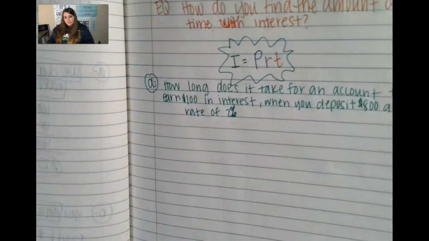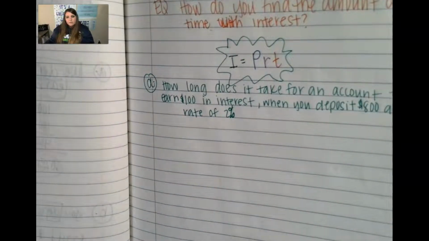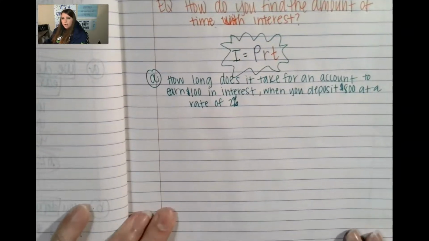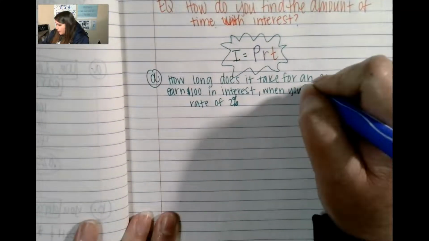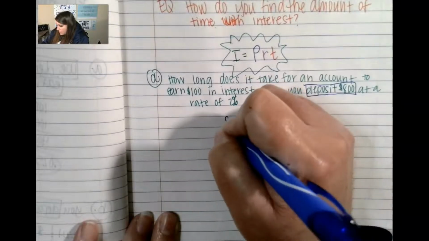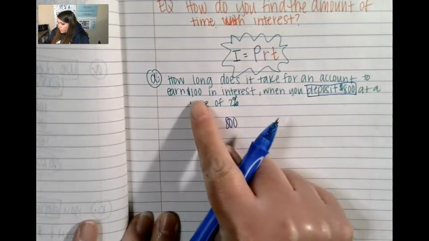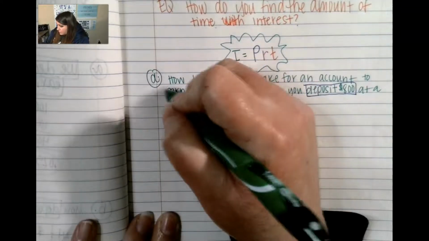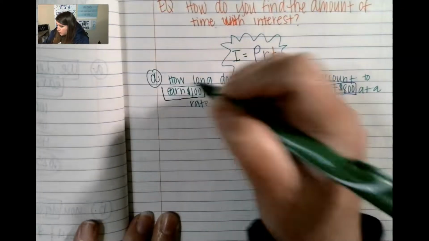All right, so let's go ahead and highlight the different parts of this question and figure out what goes where. So we're depositing $800. That's our initial deposit. Our principal is $800. We want to earn $100. So we want them to pay us $100.